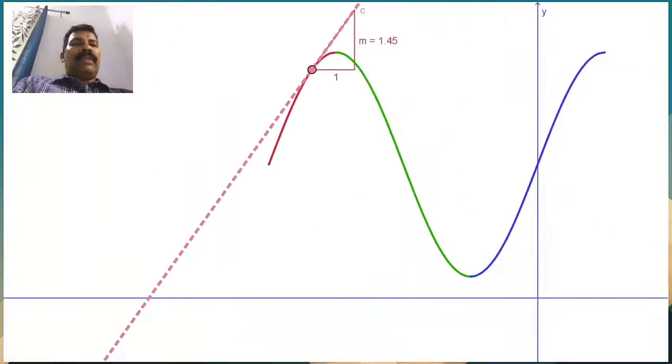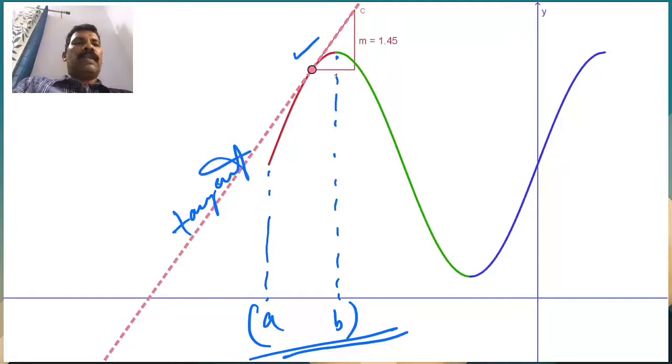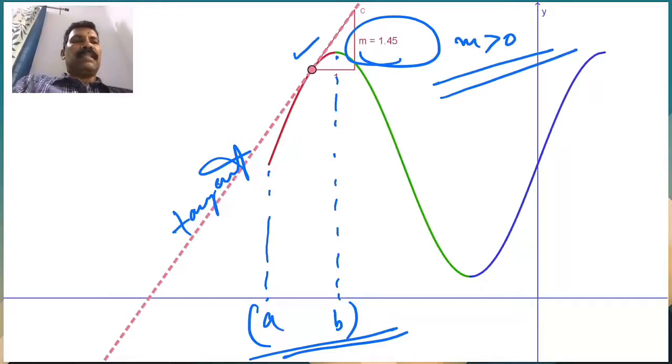One more thing we can see here. You can see now from this point, say A, to this point, that is where the red portion finishes. For this open interval AB, if we consider any point on the curve and draw the tangent at that point, you can see that the tangent has positive slope.